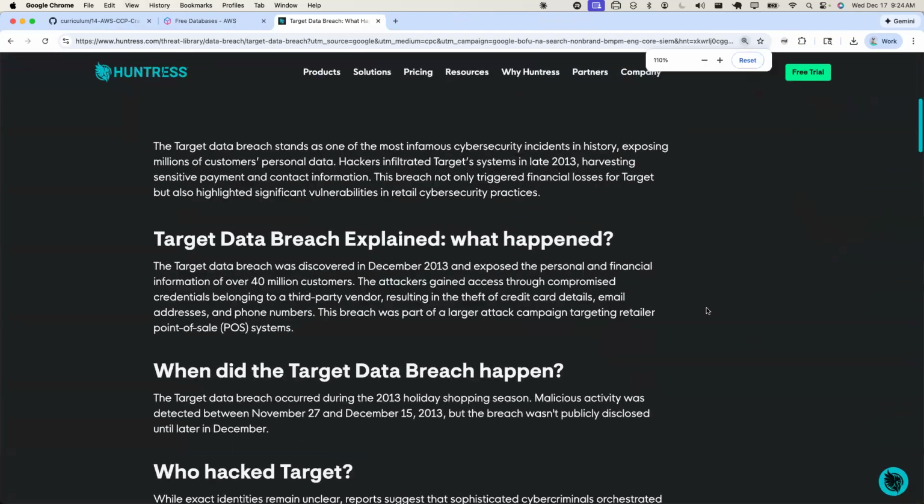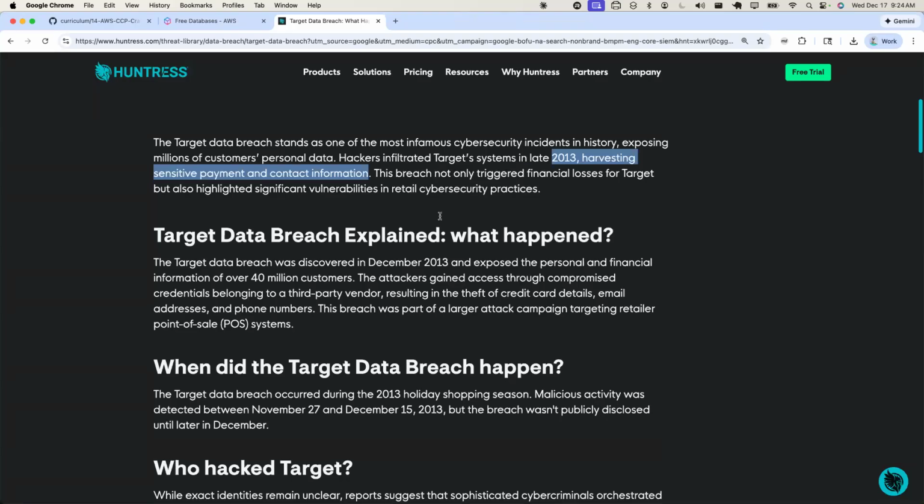And Target, our beloved big box store, had a massive data breach in 2013. Somehow hackers infiltrated and they got payment and contact information. Target lost a lot of money. The personal and financial information of over 40 million customers was exposed.